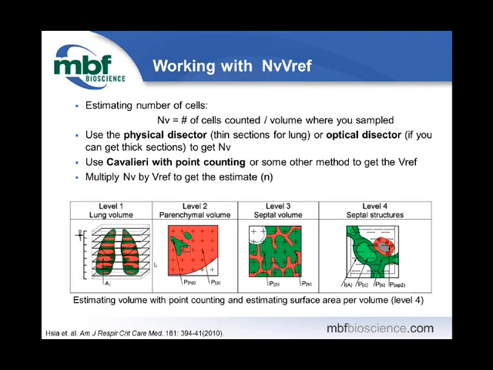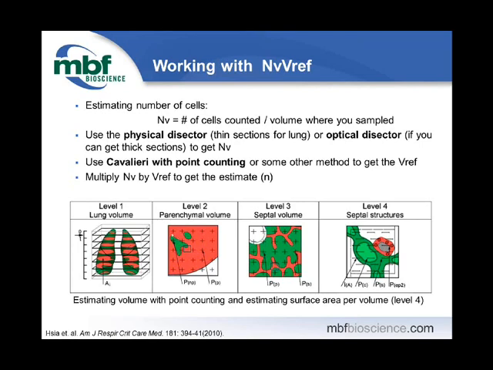Down here we show an example of how this could work for volume. If our reference volume is the whole lung volume, and then we section systematically and randomly through the whole lung, again, it's really important to go through the whole region, and then we look at each one of these sections and we can do point counting to see the ratio of the parenchymal volume, which is shown in red, to the airways and capillaries, the non-parenchymal volume, which is shown in green.